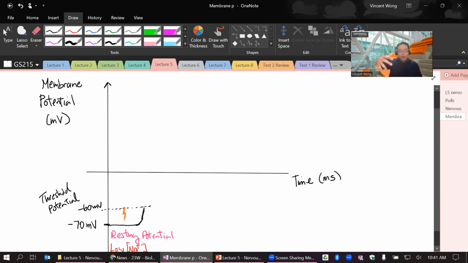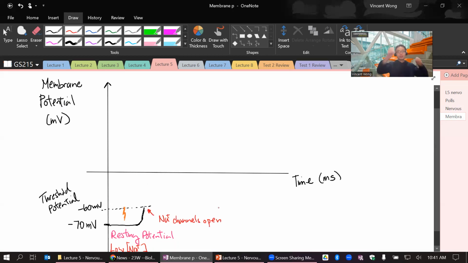It's called the threshold because once you get past this point, it's a point of no return. All things are going to happen. At this point, at -60, sodium channels open.